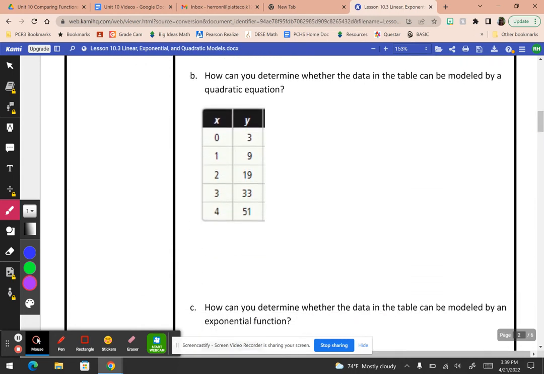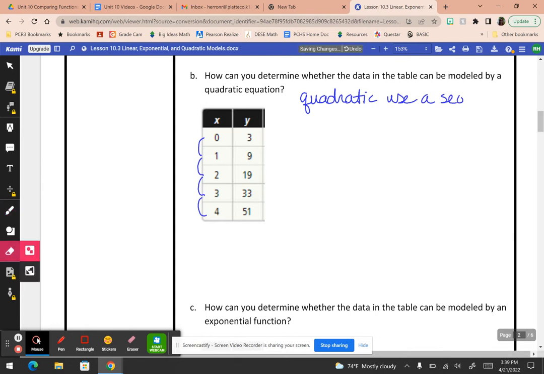Then for quadratics, what we have is a second difference. Again, making sure that these are all increasing by 1, and they are, so that's plus 1, plus 1. Then we look at finding the second difference. Quadratics use a second difference.